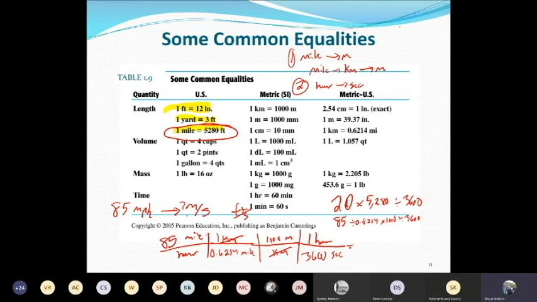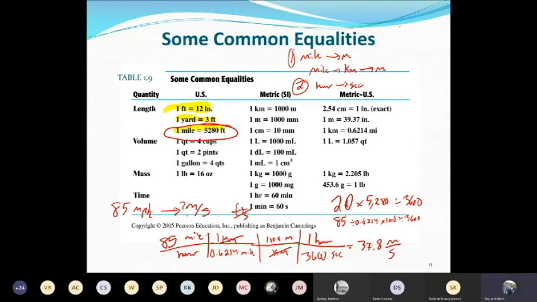So I'm going to do that. All right, so what you end up with here is 37.8 meters per second.